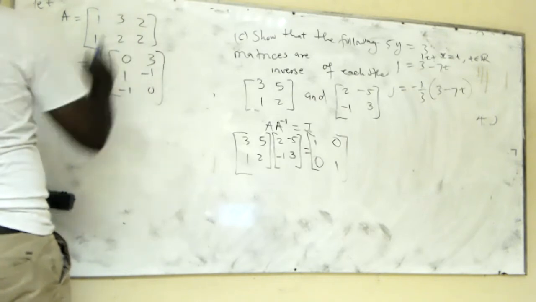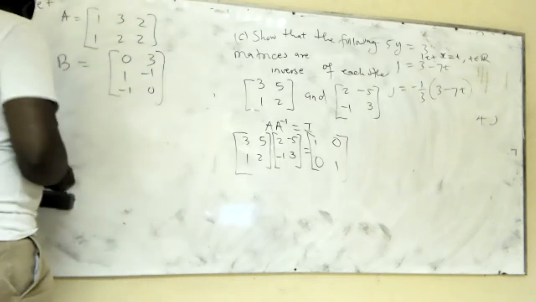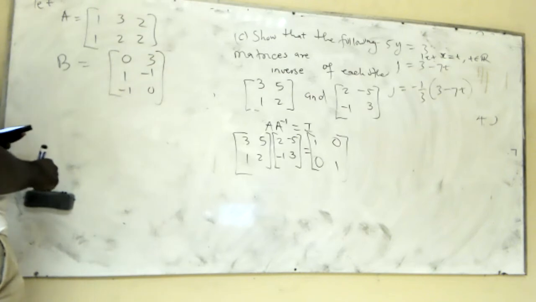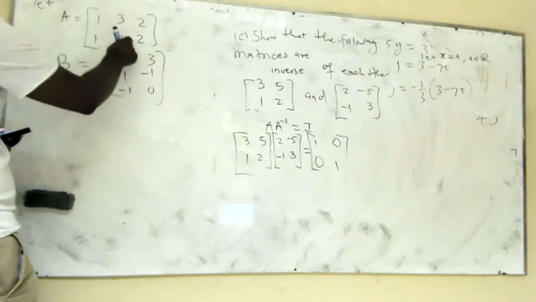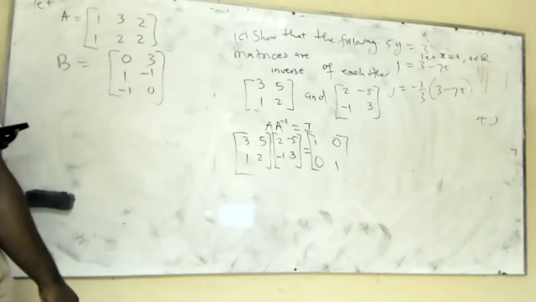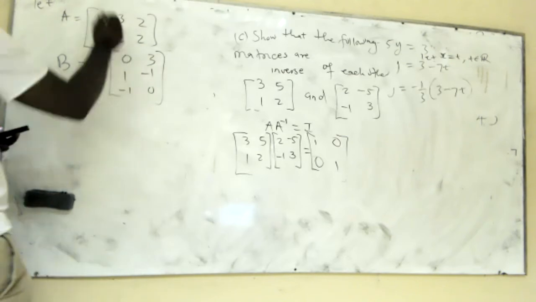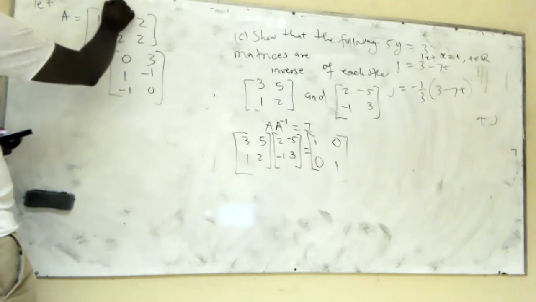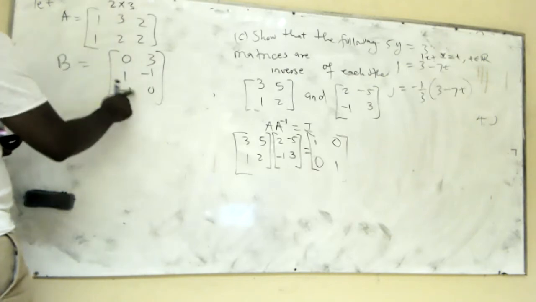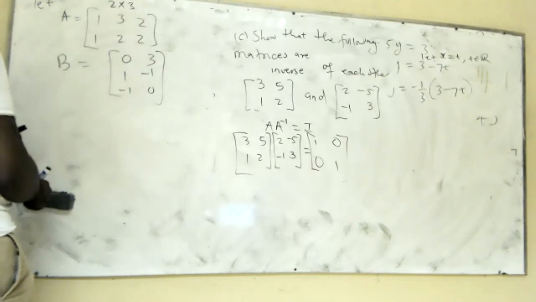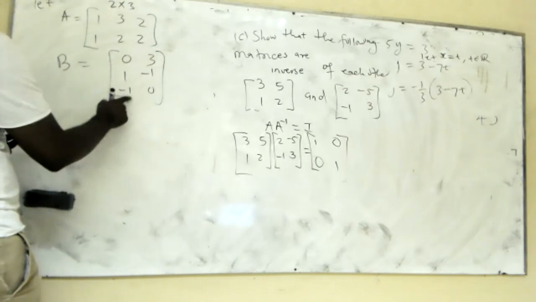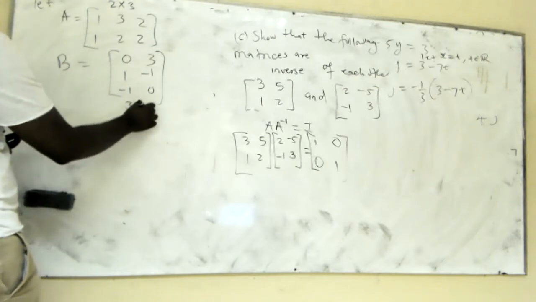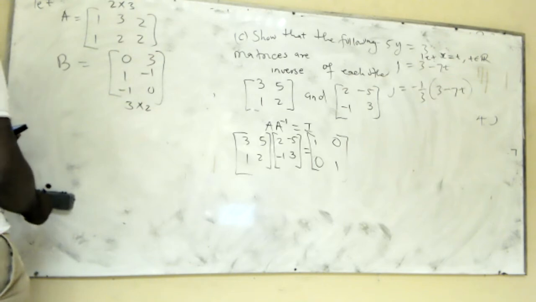Can you tell me the size of this matrix A? Mr. Ndo, what is the size of matrix A? 2 by 3. It is 2 by 3. That's correct. And this one is 3 by 2.